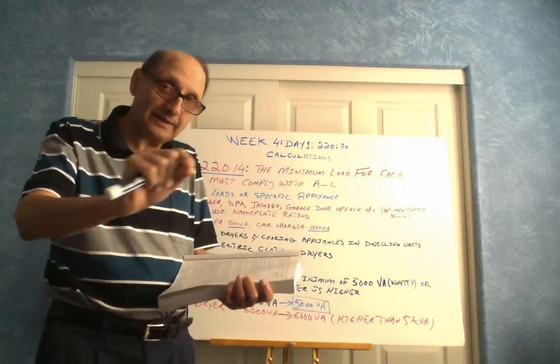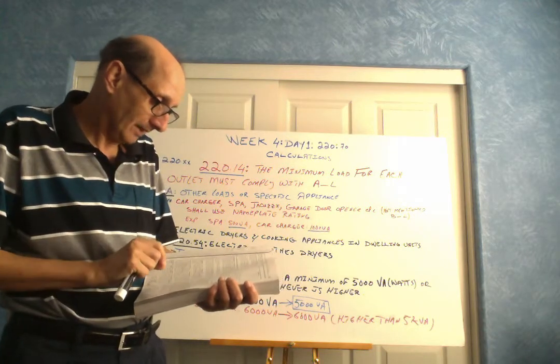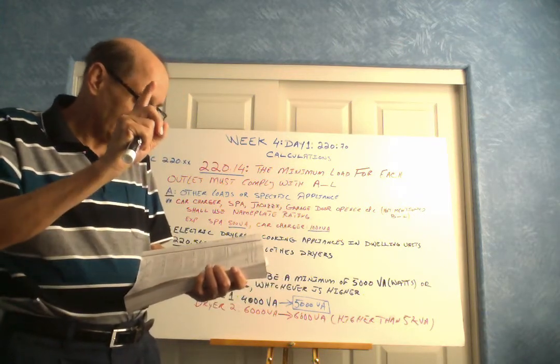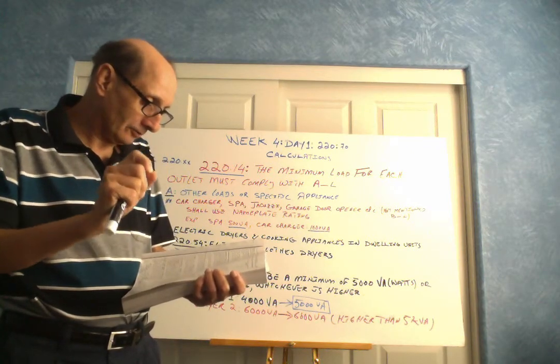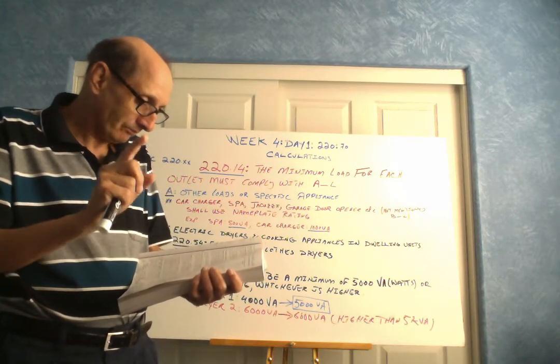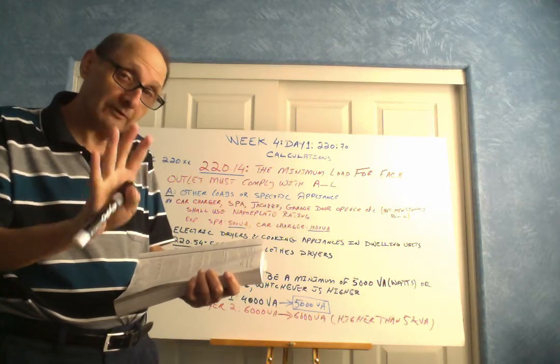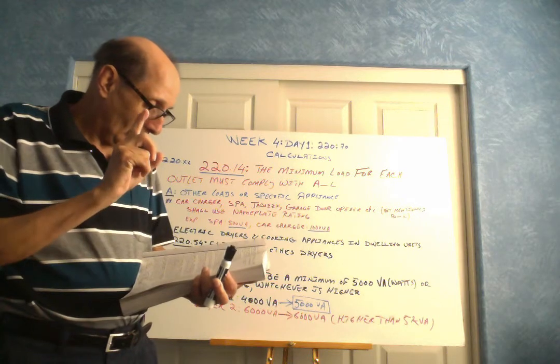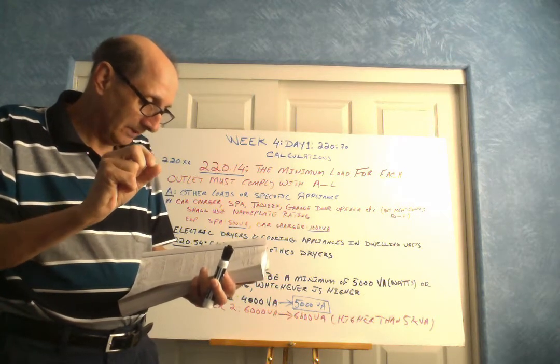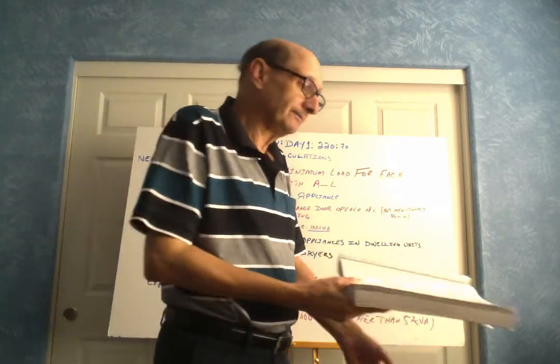So please highlight that sentence. The load for household electric clothes dryers in a dwelling unit shall be either 5000 watts, or the nameplate rating, whichever is higher.